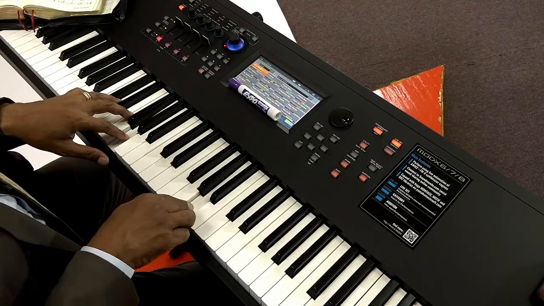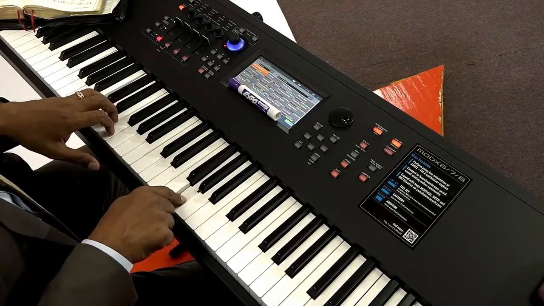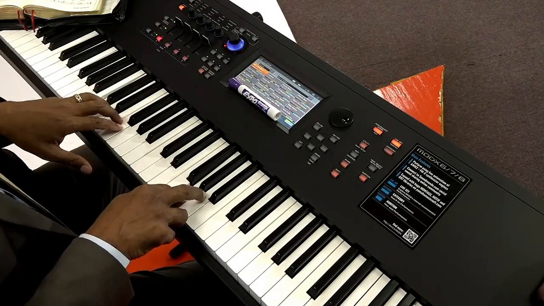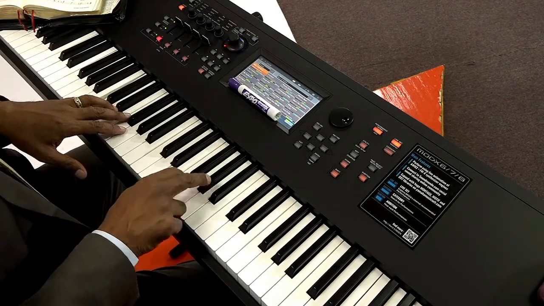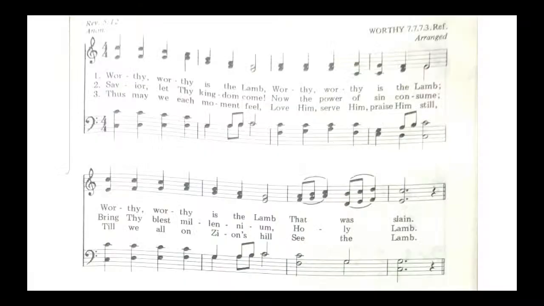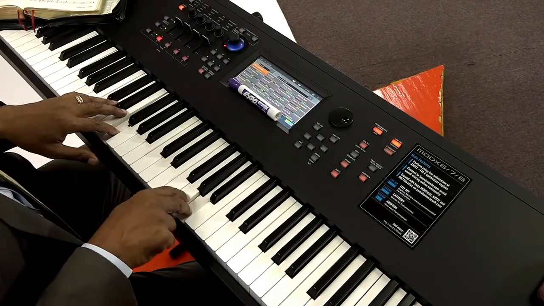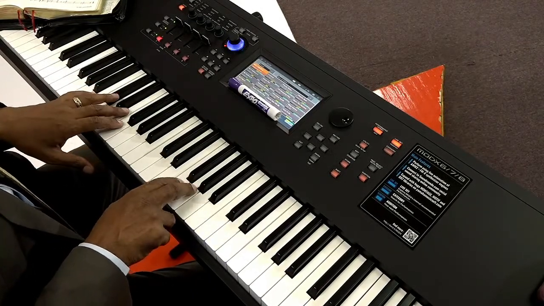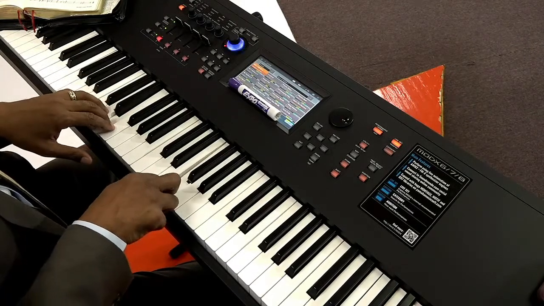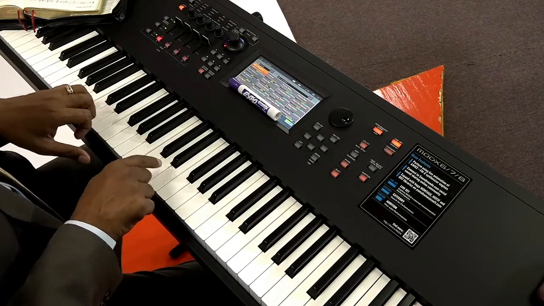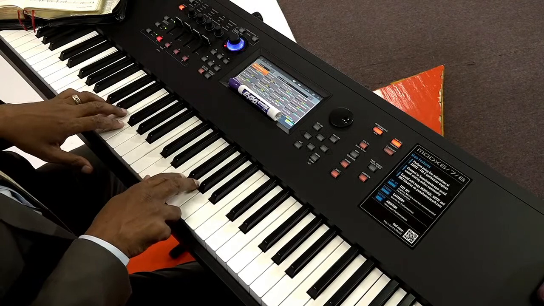G and resolve to the C. Now, the next Worthy, Worthy, it starts here. And in the left hand, that first note after the measure is F. And then you resolve it again. So it's E.